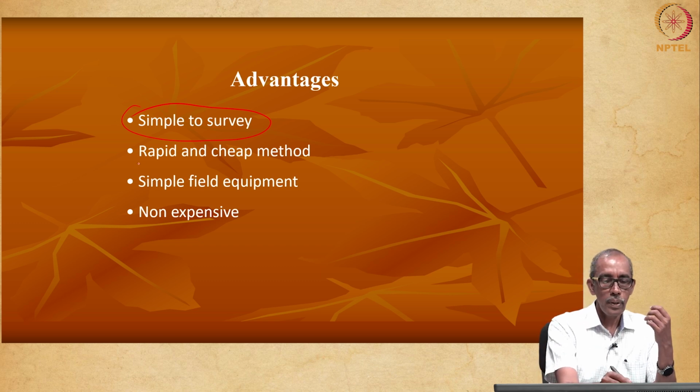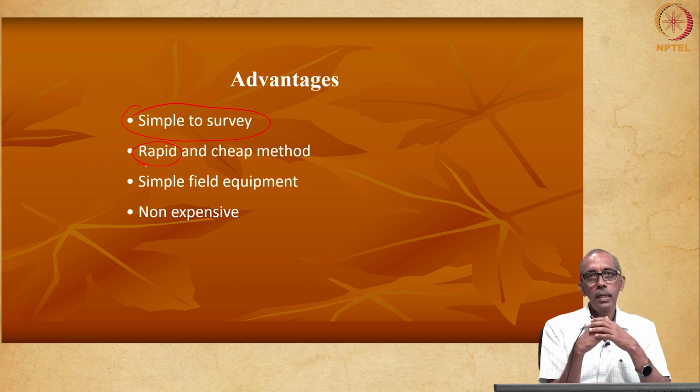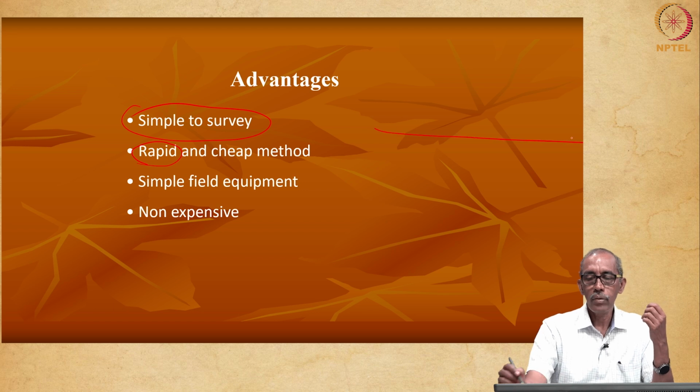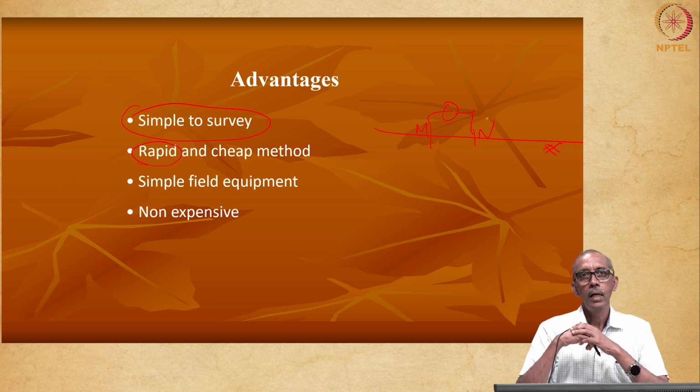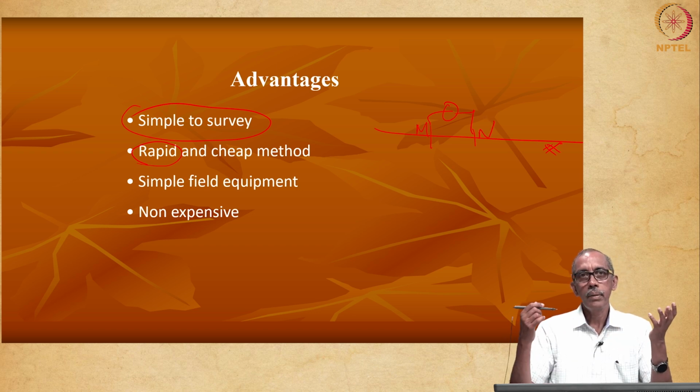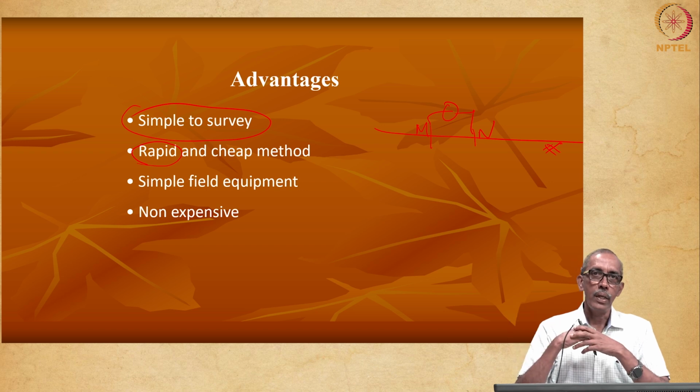Since it is cheap, it can be done very quickly. Why are we able to carry out the survey very quickly? We are going to use just 2 electrodes and measure the potential between them. This is the ground surface, and we just use 2 electrodes, M and N. So, the survey can be done so rapidly.